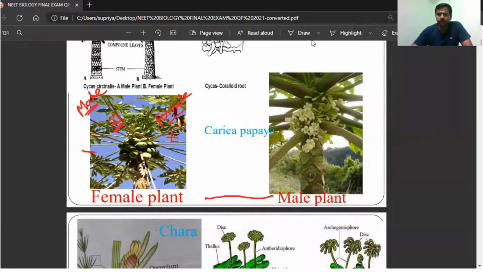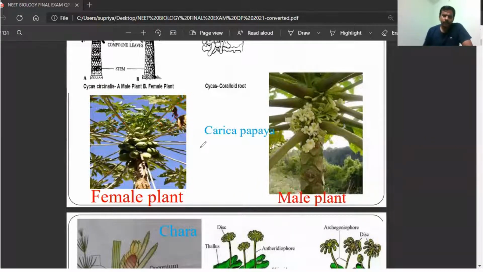You can easily find the female plants of Carica papaya, where fruits are present. Fruits are present in the female plant. In the male plant, there are no fruits. So Carica papaya is also a dioecious plant. It is not monoecious.